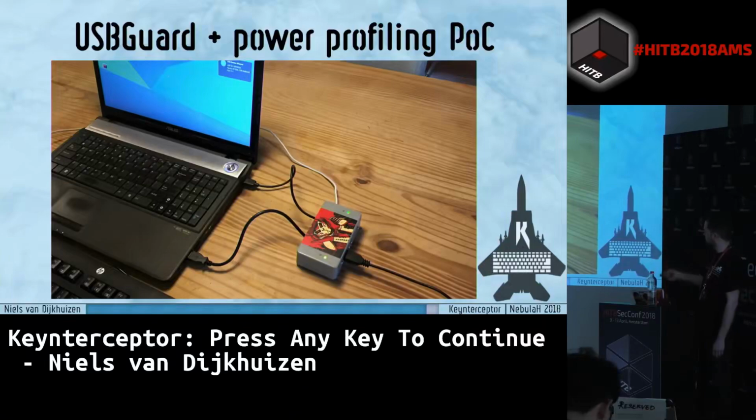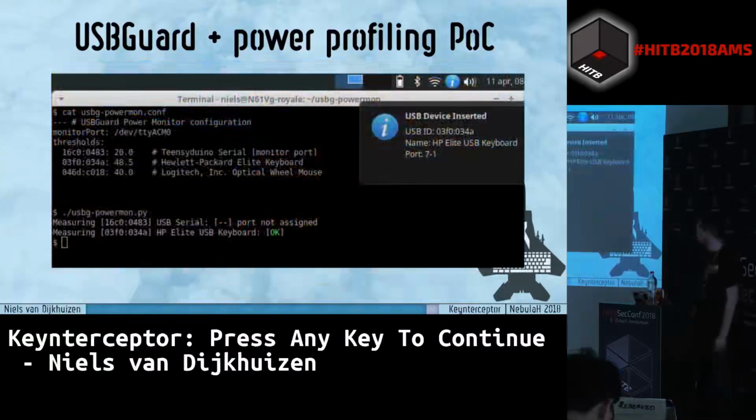Here we have a monitoring link, and what we can do is define our maximum milliamperage per kind of device we have. So here we have the Hewlett Packard Elite keyboard that I also used for the HID cloning, and USB Guard shows that there's a new device which is USB policy-wise allowed, and the USB PowerMon that I created, which communicates with the little box, shows that everything is okay.